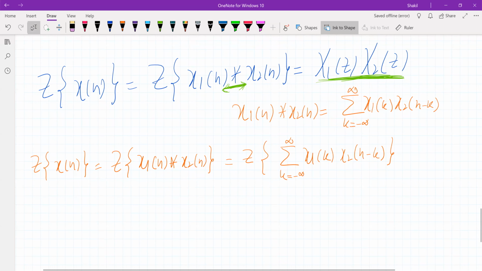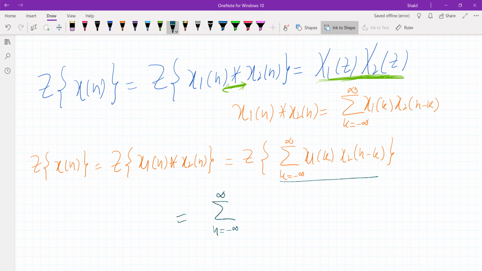Using the definition of the z transform, this will be equal to the summation with n running from minus infinity to infinity of x of n, where x of n is this convolution sum. So this will be the sum over k from minus infinity to infinity of x1 of k, x2 of n minus k, z raised to minus n.